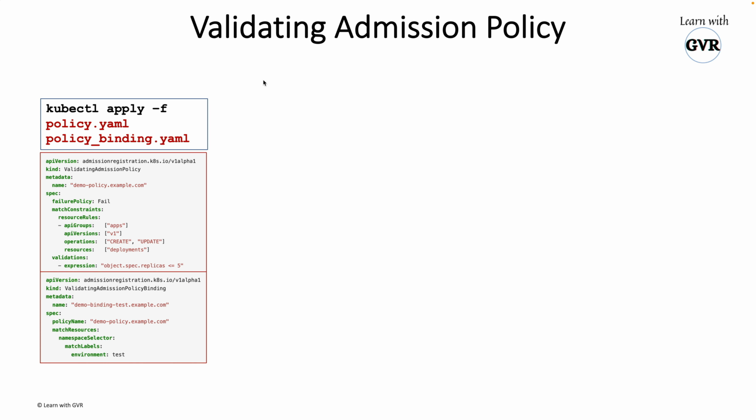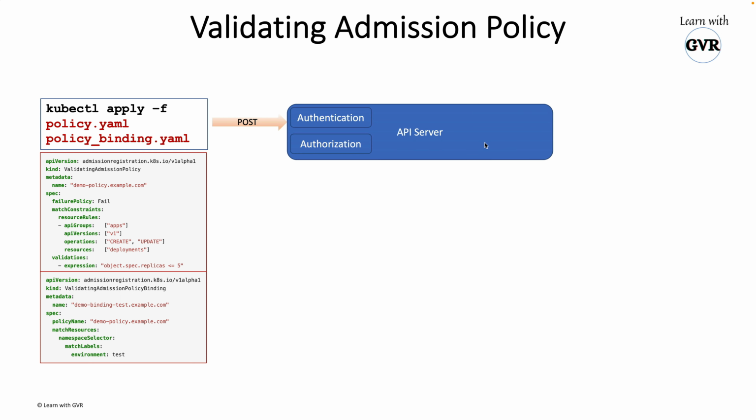In order to create this particular validating admission policy, first we will apply these two, policy and policy binding, in the kube API server, and the kube API server will trigger this particular validating admission policy, which is integrated with the kube API server.